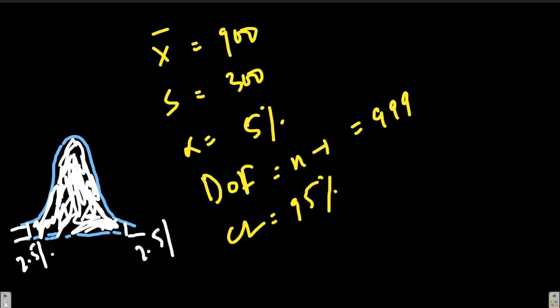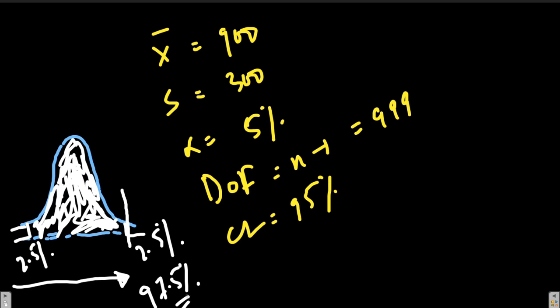Now when I look at the t-table, they have given a cumulative probability. So for the 95% confidence interval, I will consider only up to here, which means the cumulative probability is 97.5%, because I'm talking about the cumulative probability now.